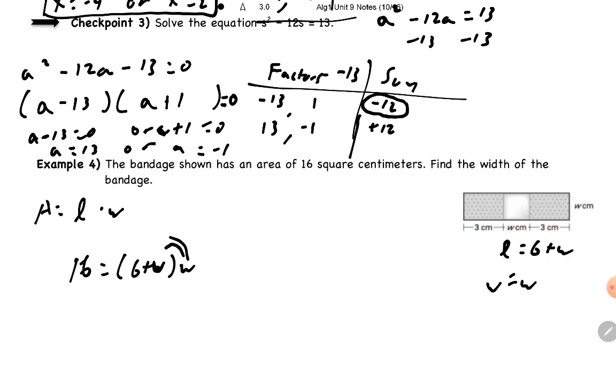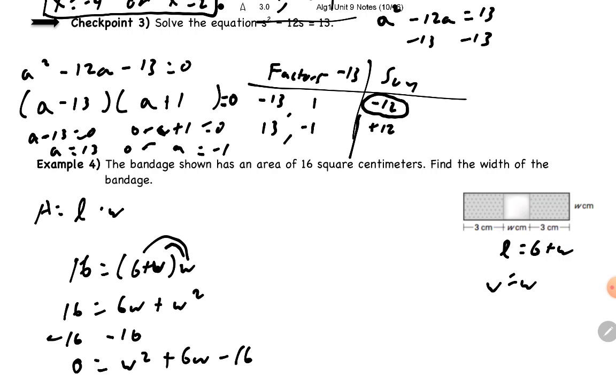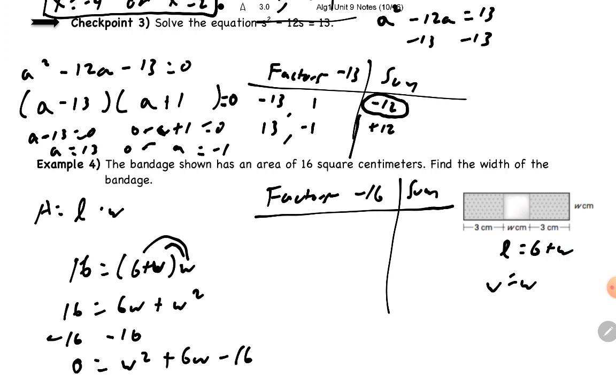Okay, I'm going to distribute, and I'll get 16 equals 6w plus w squared. I'm going to move the 16 over, so I can set it equal to 0. So I'll get w squared plus 6w minus 16. Now we're going to look at factors of negative 16. And our sum needs to add up to our b value, which is positive 6. So negative 8 and positive 2, that's negative 6.